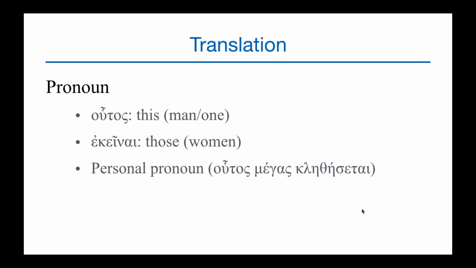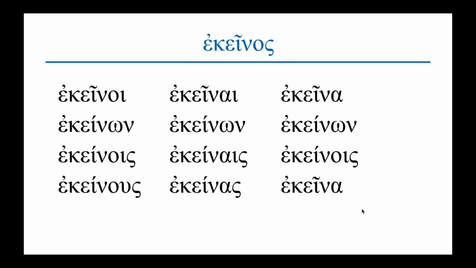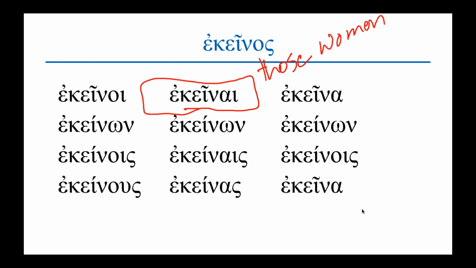Some notes here about translation. Whenever you have the demonstrative, there's sometimes going to be something implied in translation that is going to be masculine or feminine just based on which part of the paradigm you're using. So going back, if you look here, this would by definition be those, so either women or those feminine.